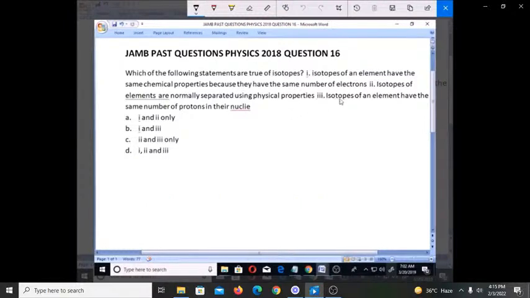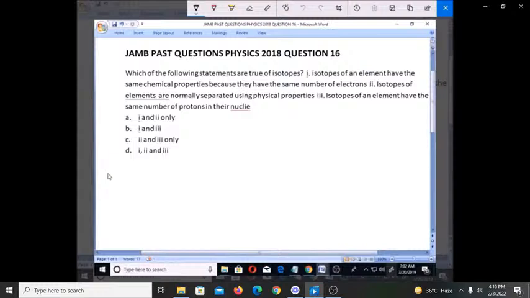III. Isotopes of an element have the same number of protons in their nuclei. The options are A, I and II only, B, I and III, C, II and III only, D, I, II and III. So which is the correct option?